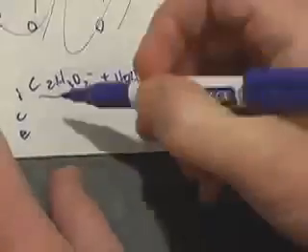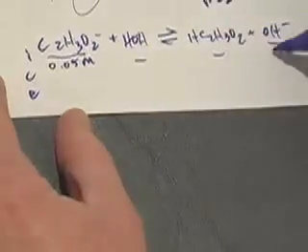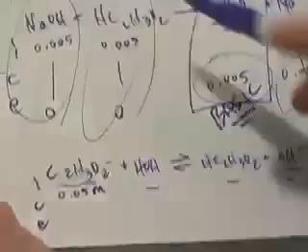Now, I can go ahead and fill in the ice table down here. The ice table is 0.05 molar to start with. None of this, none of this, none of this to start with, because all of this, of course, was used up here in this titration, but a little bit of this is going to react with water.